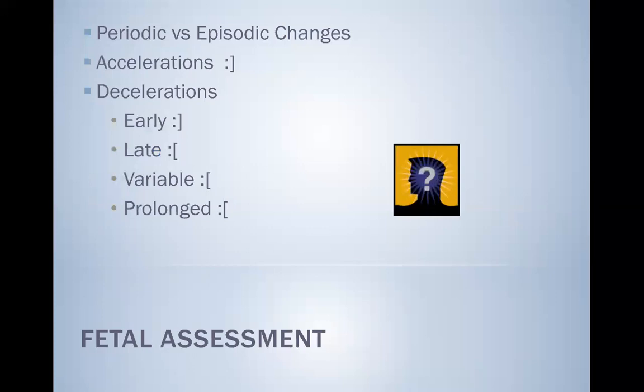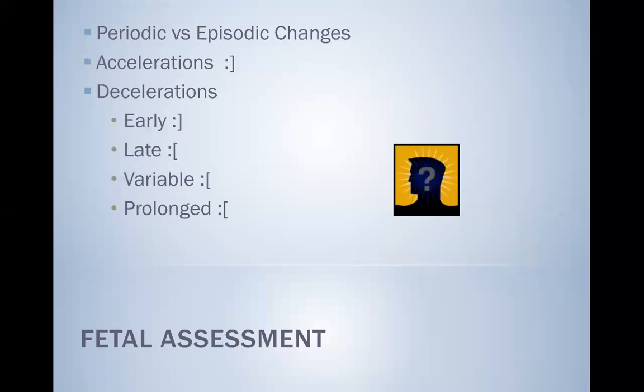So I just think about the P with the line means with. So our periodic changes are going to occur with contractions, and our episodic changes are going to occur independent of contractions. Now, truthfully, all of these could occur with contractions.